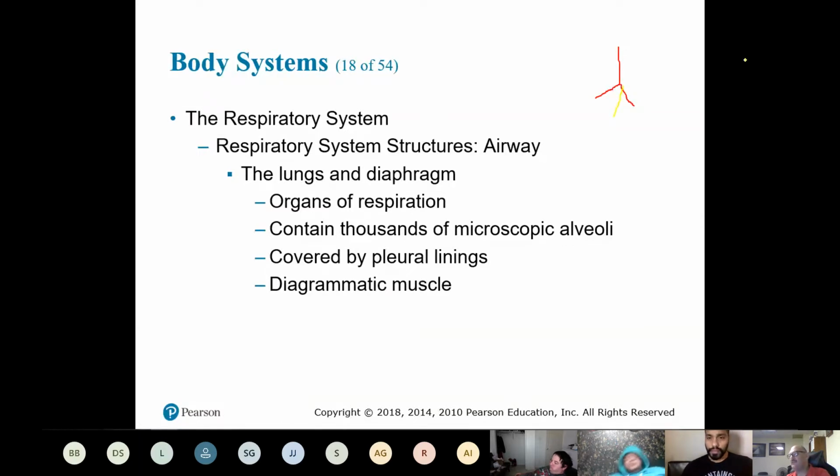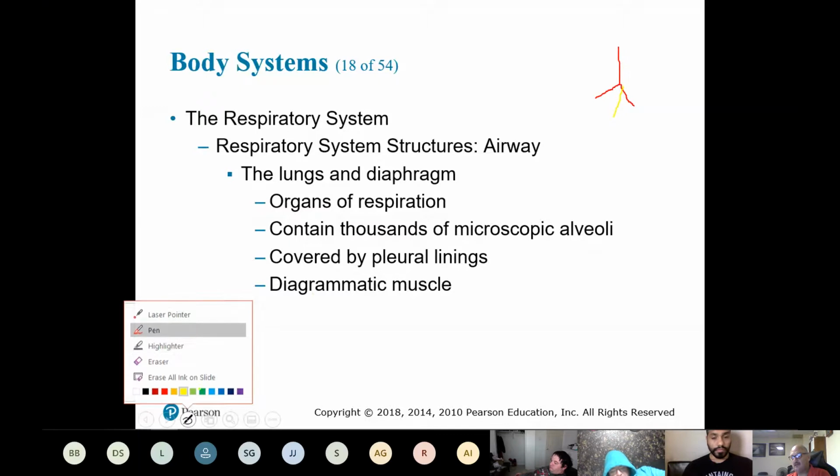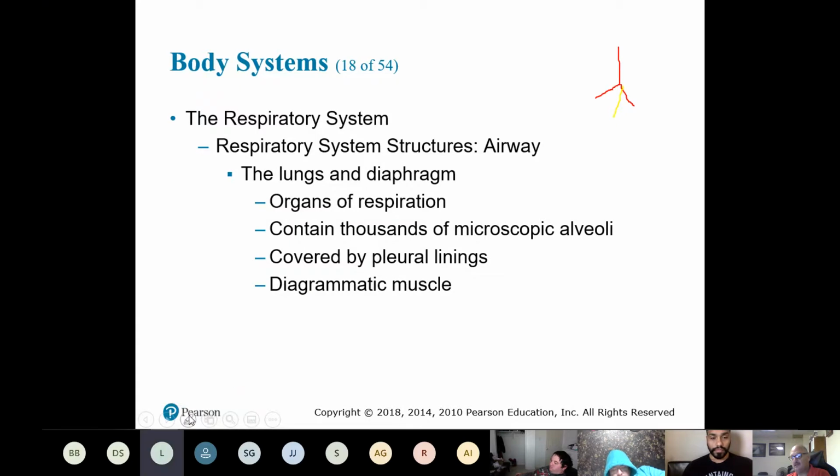And again, I hate doing this with a mouse because they're not very good. Right in there. That's called the carina. C-A-R-I-N-A. I don't know why they make it a big deal that you know that, but you've got to know that.